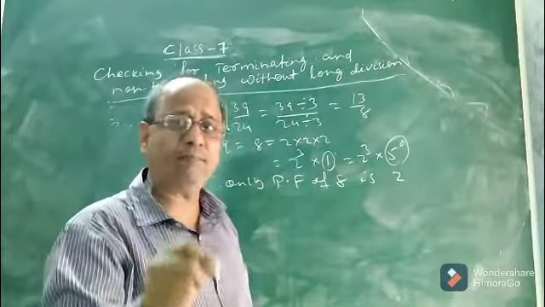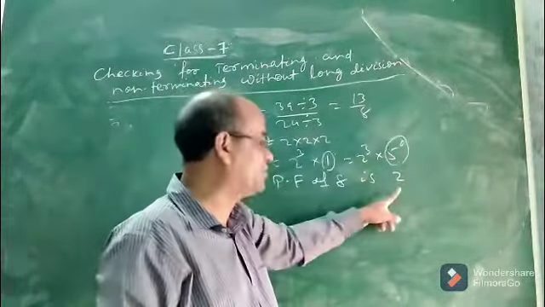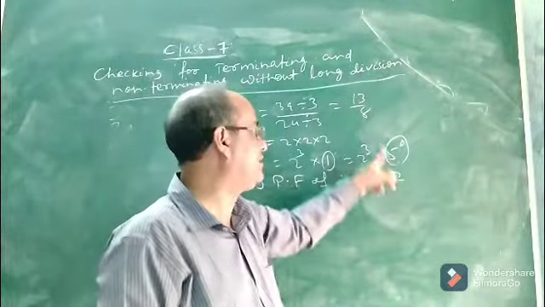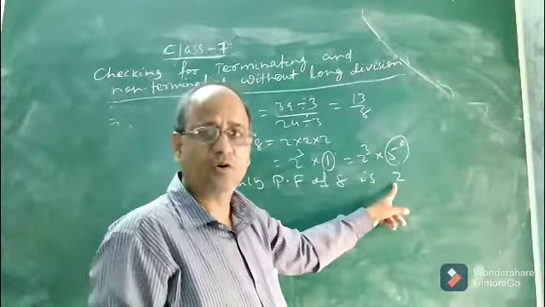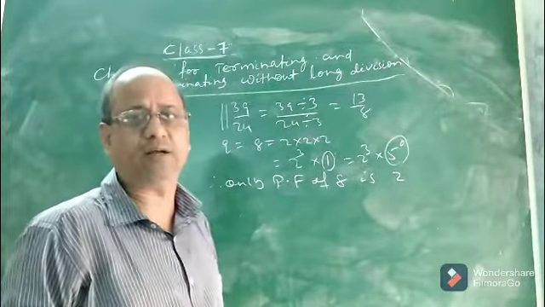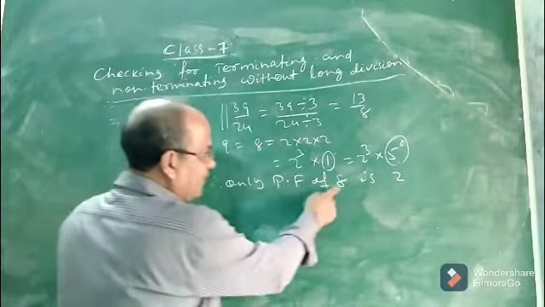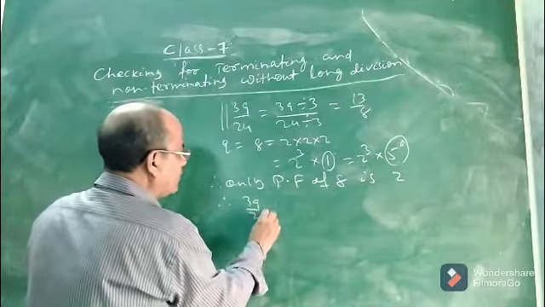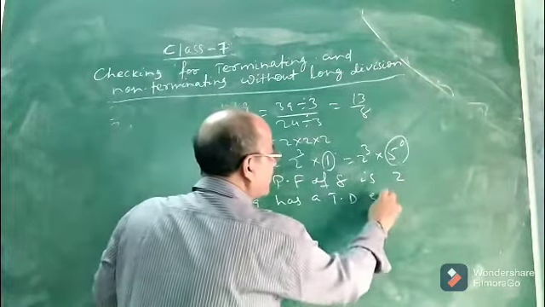If q contains only prime factor 2, then closing your eyes you will say that the given rational number will have a terminating decimal expansion. So the only prime factor of 8 is 2, therefore 39 by 24 has a terminating decimal expansion.